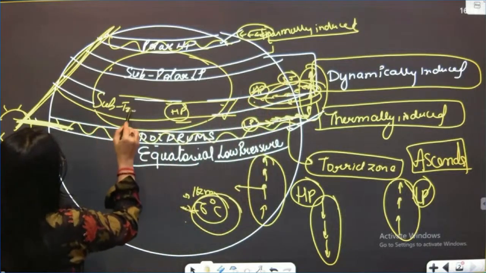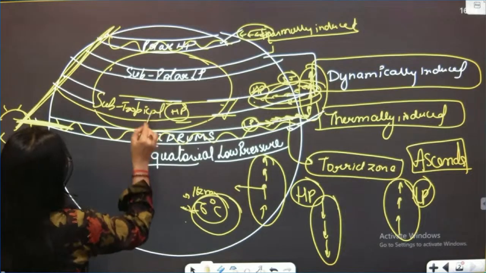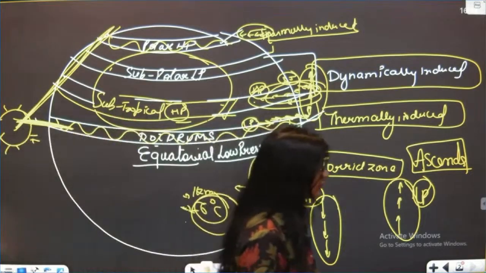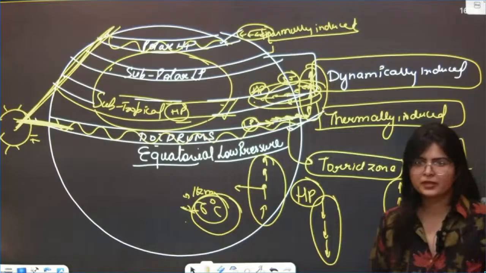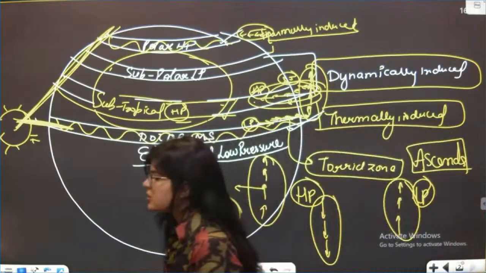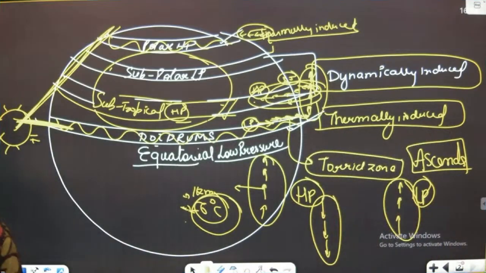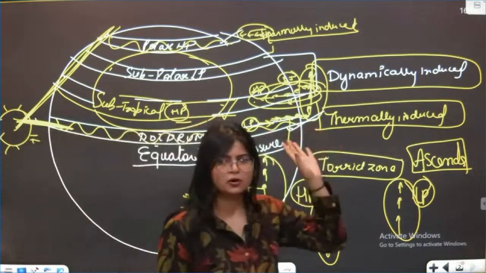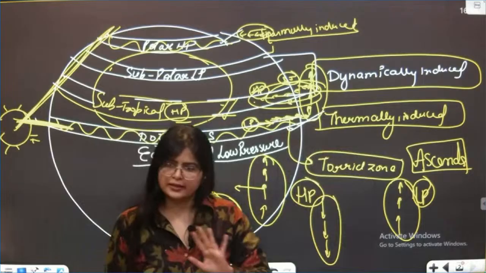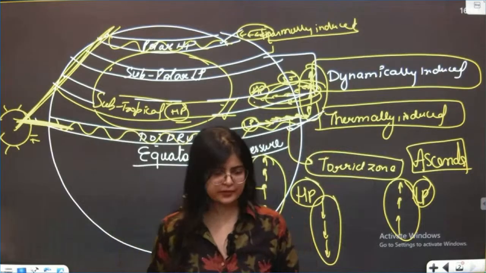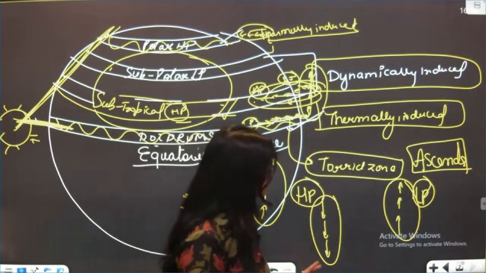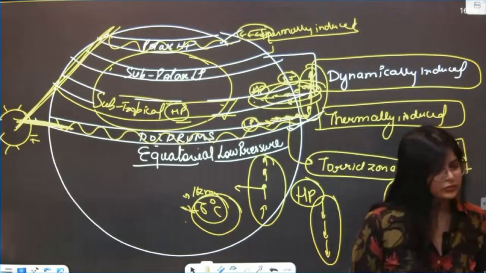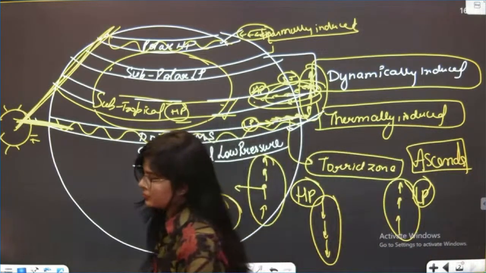So therefore, I am writing subtropical high pressure. This area is also known as horse latitude. We call this subtropical high pressure belt by the name of horse latitude. Clear everyone? Shall I move? Online students, if you have any doubt, take 2 minutes and let me know.